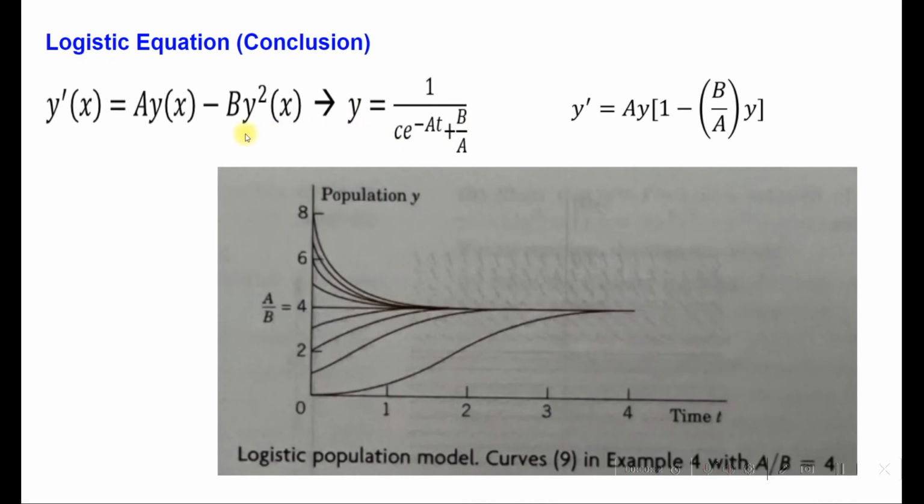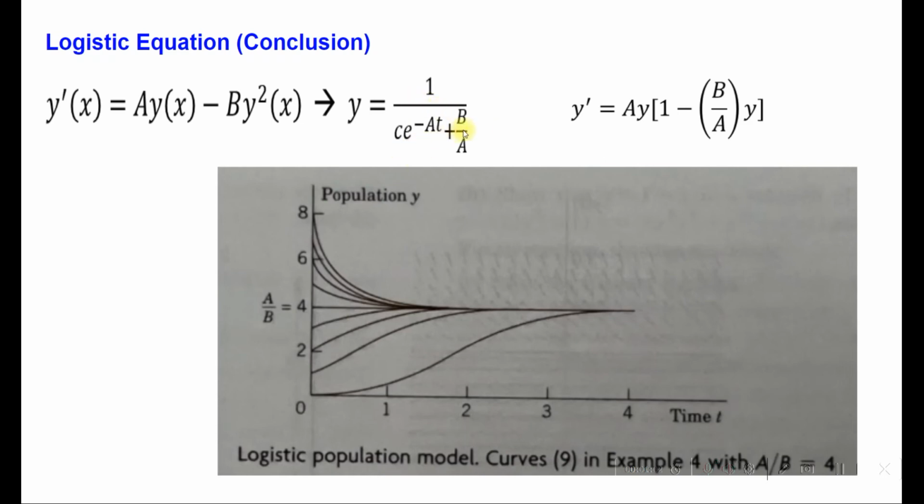And you can observe that minus b y squared is the braking term, which prevents the population from growing without bound. So if we set b as 0, y will become an exponential growth function, which simulates a situation where a small group of people live in a big country.